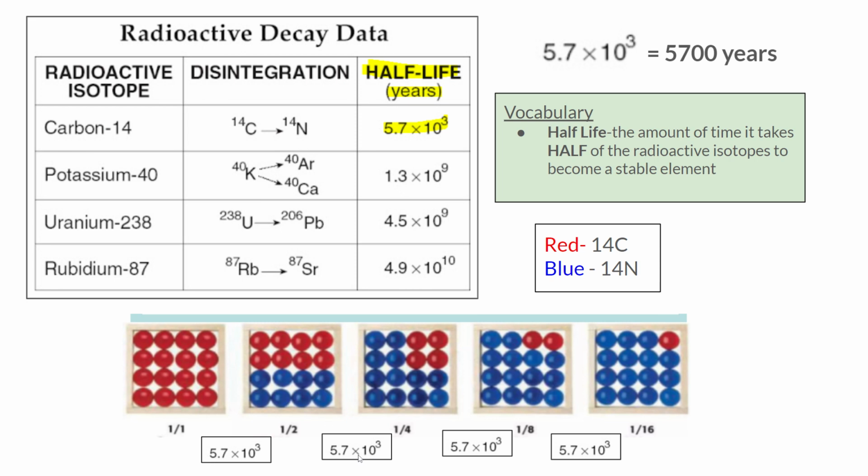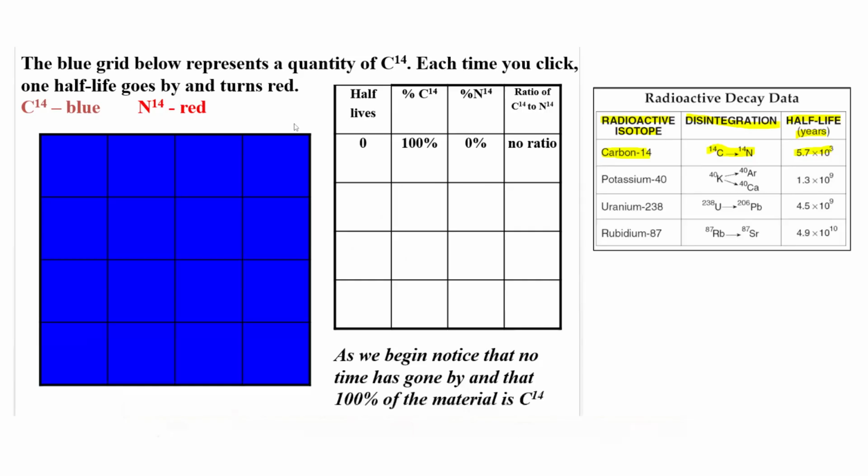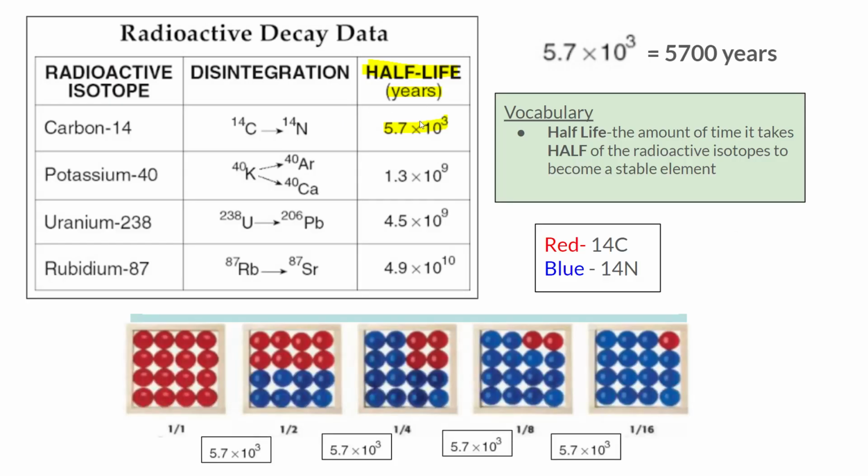It will take another 5,700 years for half of the rest of my unstable carbon 14 to become stable, then another 5,700 years for half of the rest, and another 5,700 years, and so on. That's why we call this carbon 14's half life, because for carbon 14 specifically, half of the sample will turn into stable nitrogen 14 atoms in 5,700 years.